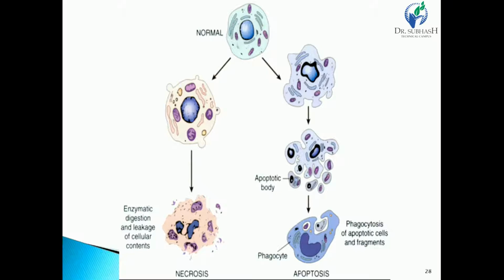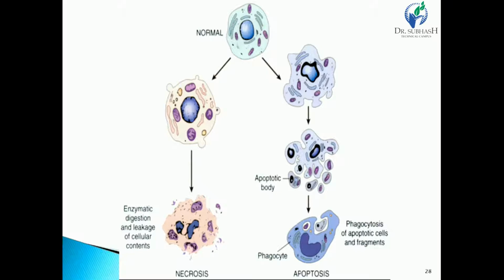After that, we can see that the organelles and intracellular fluid will be released into the surroundings, as seen in the final step of necrosis. But in apoptosis, there is formation of small apoptotic bodies, which may have fragments of the nucleus and organelles, and then they are released.